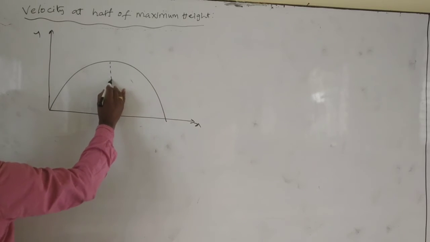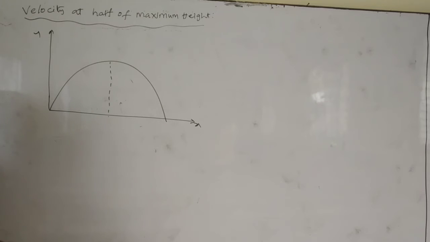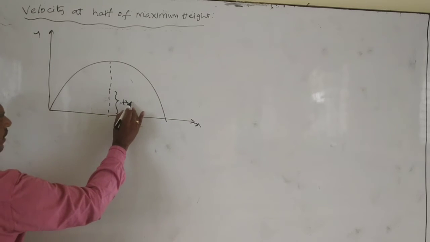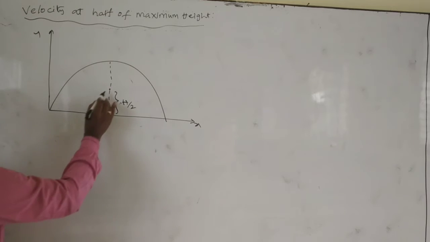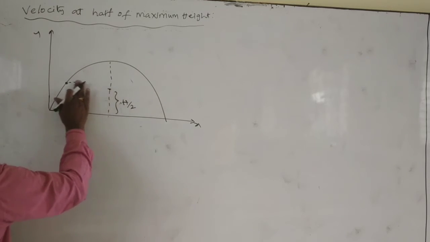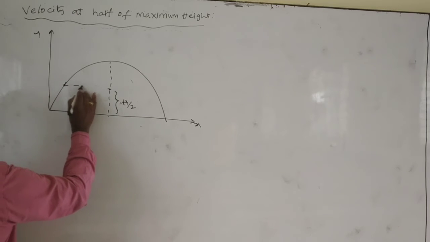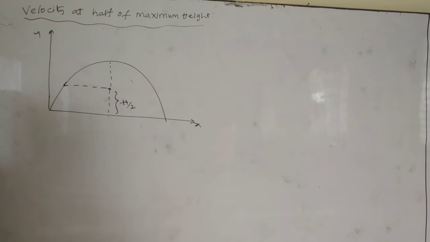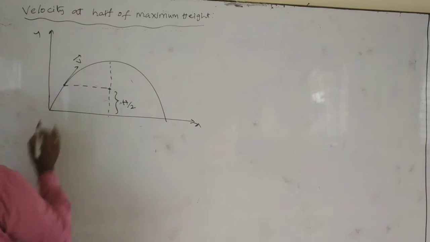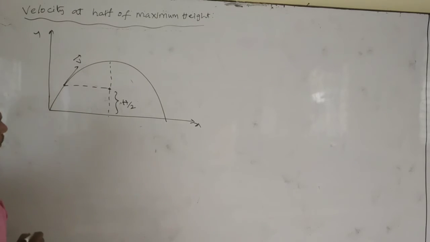This is the maximum height, but we are going to find it at half of the maximum height, which is h by 2. So at this point, we are going to find the velocity, v bar. We know the formula.